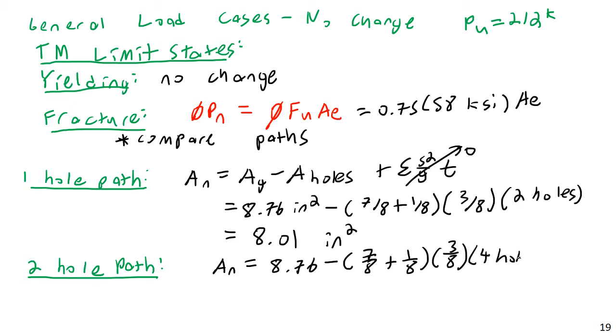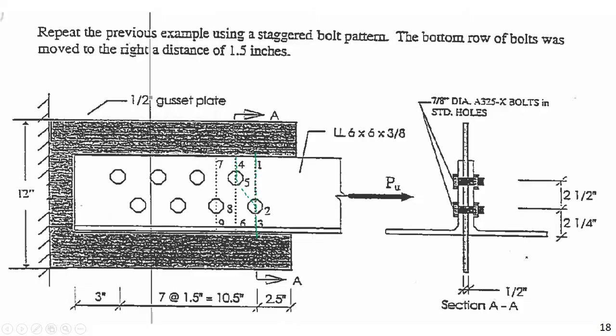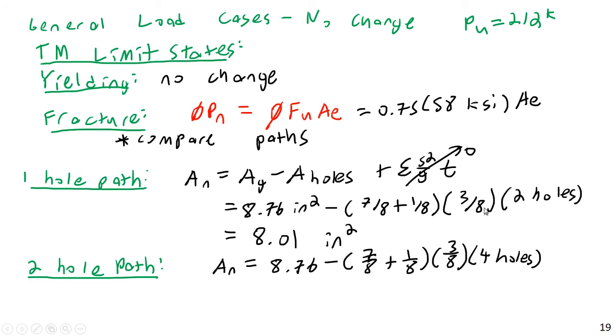And the reason for this is, in this path, we're going to have 2 bolt holes, but each one of those holes pierces 2 plates of steel, or 2 angles, so effectively we have 4 holes.